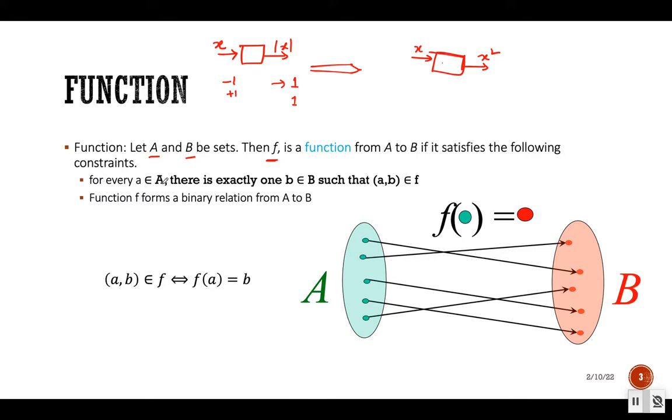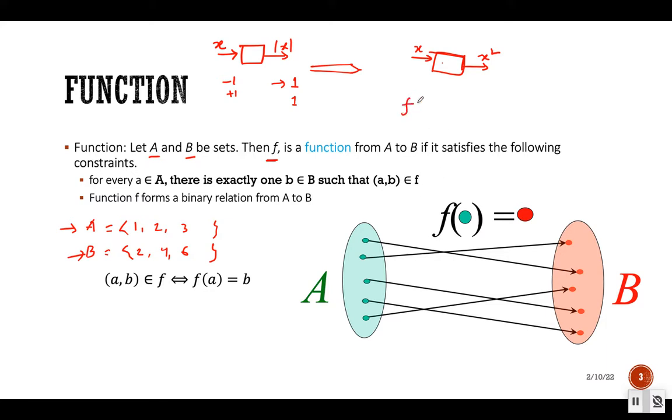Let's see, we have here set A as 1, 2, 3, and set B as 2, 4, and 6. For every a belongs to A, there is exactly one b belongs to B, such that (a, b) belongs to f.